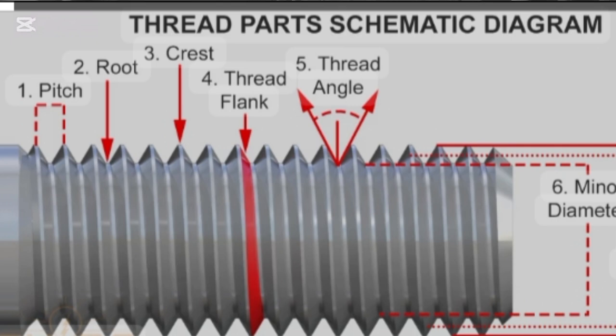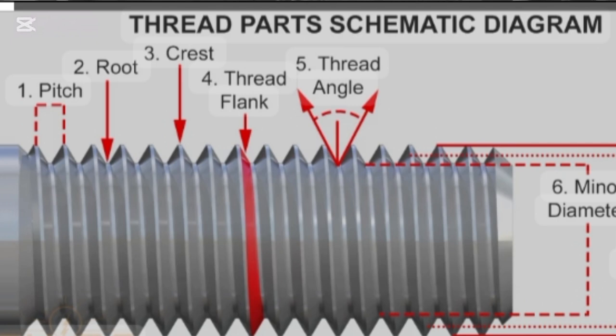For the M5 bolt, you have M5 threaded size, where the major diameter is 5 mm and the minor diameter is 4.134 mm. Then M6, the major diameter is 6 mm and the minor diameter is 4.917 mm. M7, the major diameter is 7 mm and the minor diameter is 5.917 mm.